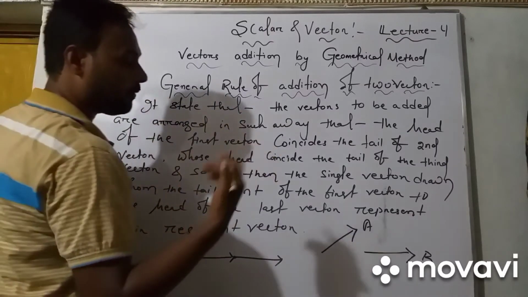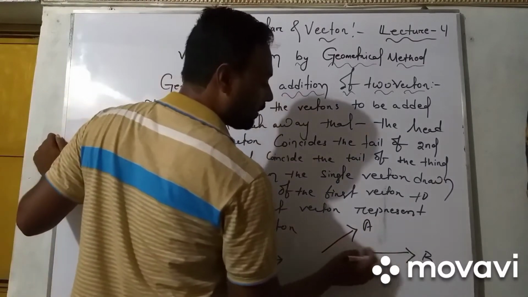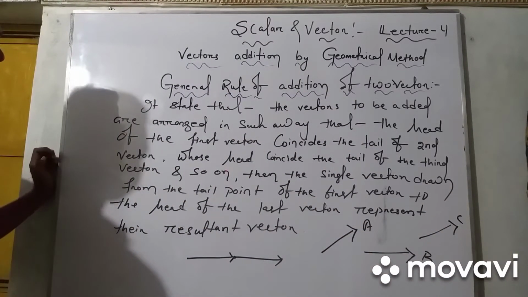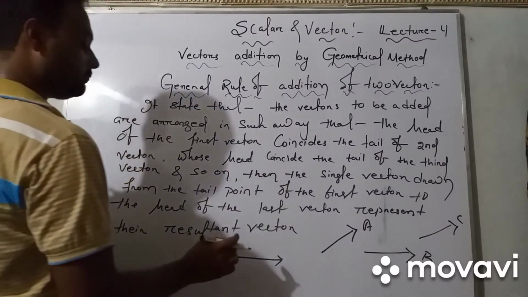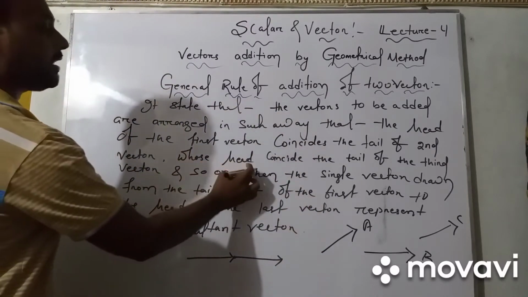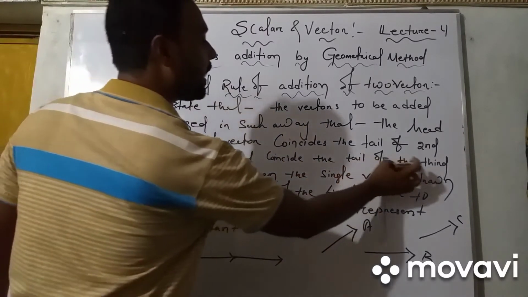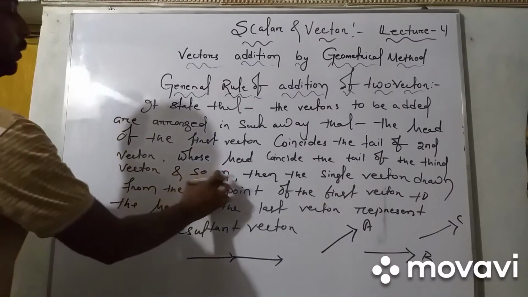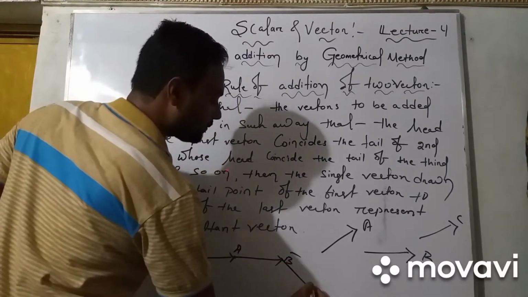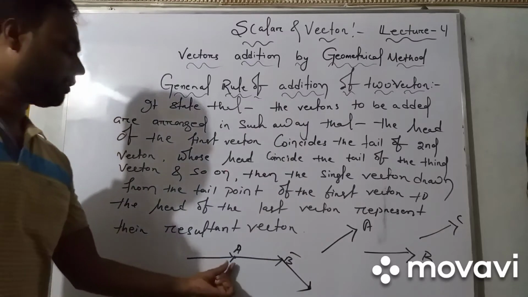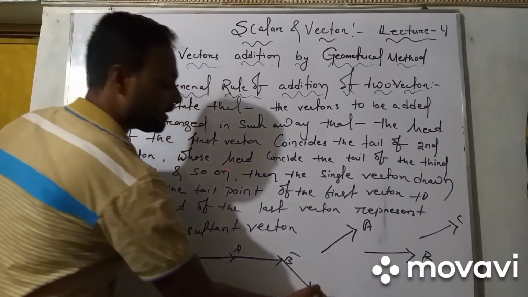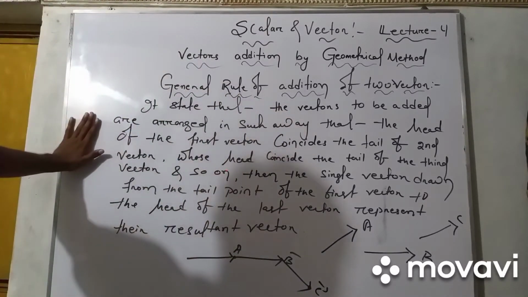If we represent the number of vectors as vector A, vector B and vector C, then the third vector's tail is joined like so, and so on. So this is A vector, this is B vector and this is C vector. The head of A is joined with the tail of B, and the head of B is joined with the tail of C, according to that general rule.